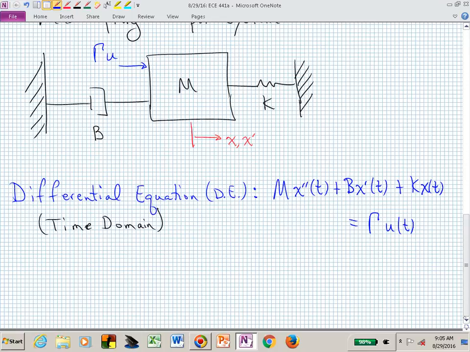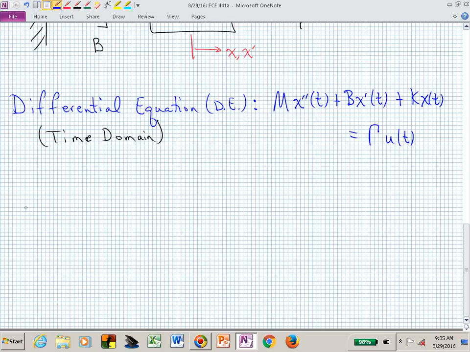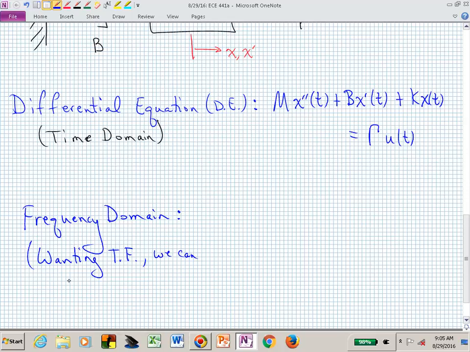Let's now take this from the time domain and go into the frequency domain. Or we're starting on this path to derive a relationship between the differential equation to the transfer function. And in the frequency domain, since we are wanting the transfer function, we can actually neglect the initial conditions.